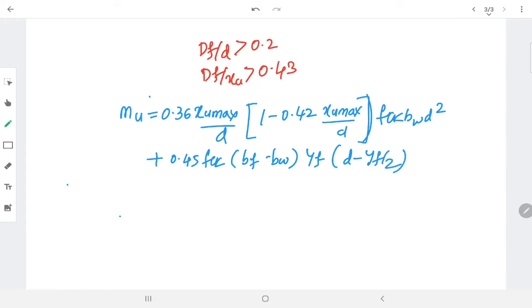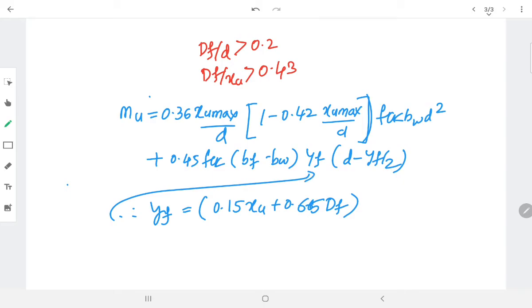Okay, so we have this equation. We have the expression for yf also, that is 0.15 xu plus 0.65 df. In this way we will be calculating the value of yf.